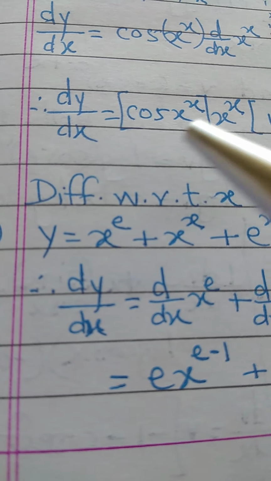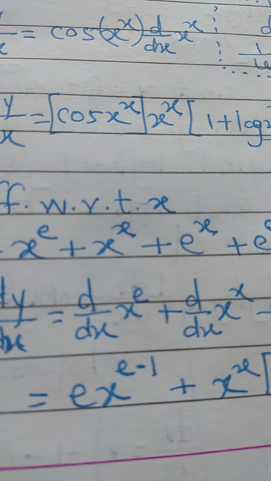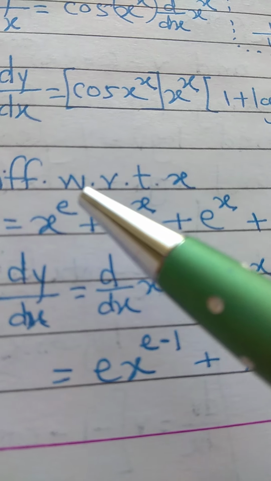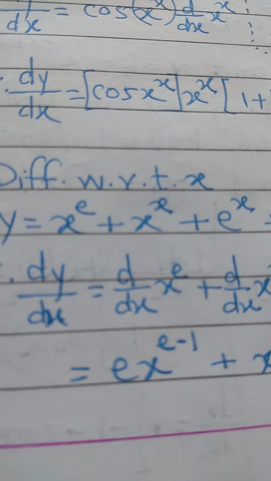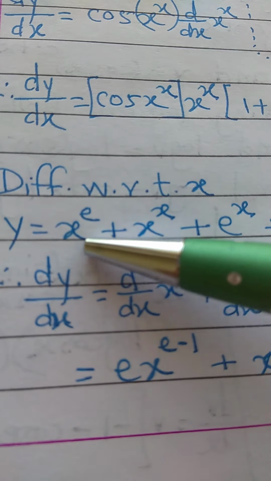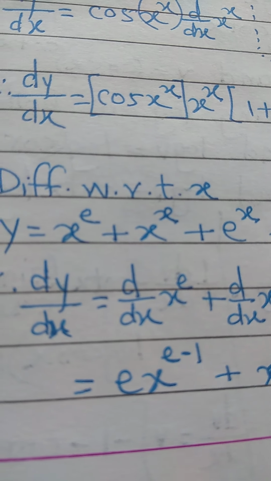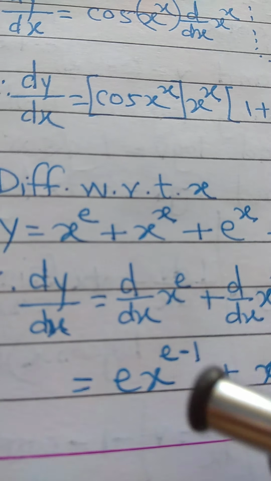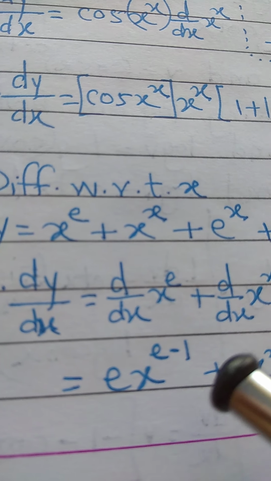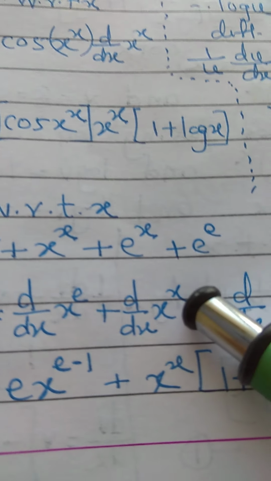y equal to x raised to e plus x raised to x plus e raised to x plus e raised to e. Differentiating with respect to x, this function is of the type x raised to n. The derivative is n times x raised to n minus 1. That means e times x raised to e minus 1 it will be. Now this is x raised to x, derivative of x raised to x.